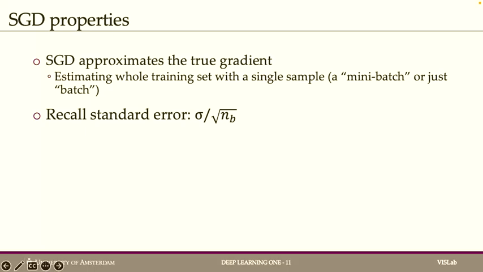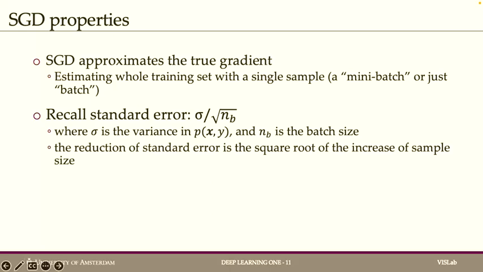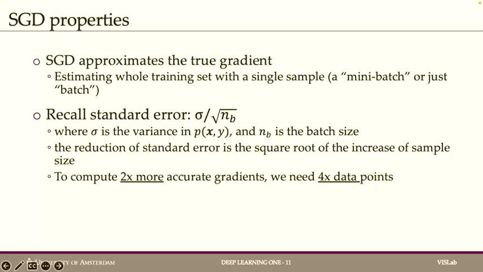How much variance we have when we use stochastic gradient descent is given by the standard error, which is the standard deviation divided by the square root of n, where n is how many samples we take to compute the gradient. So if you want to get twice more accurate gradients, you need 4 times more data points. This simply comes from statistics.